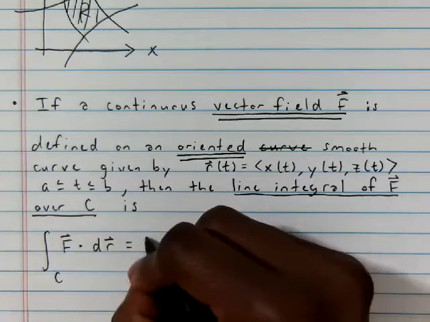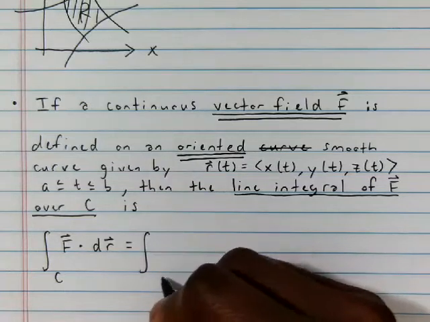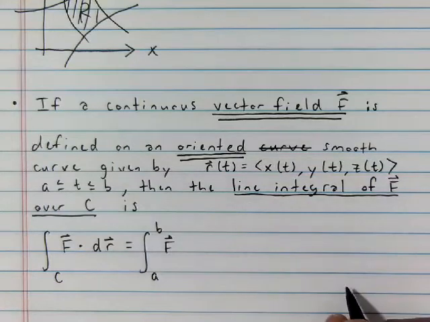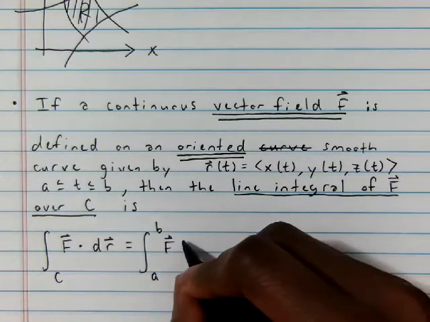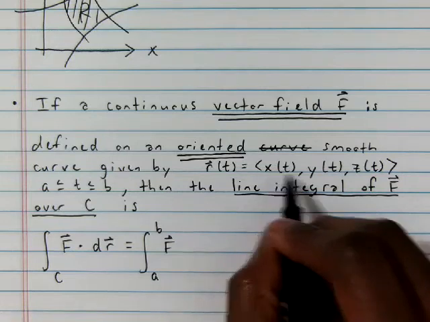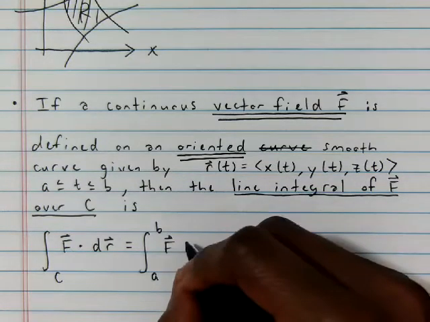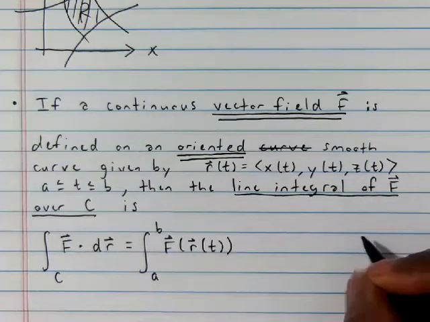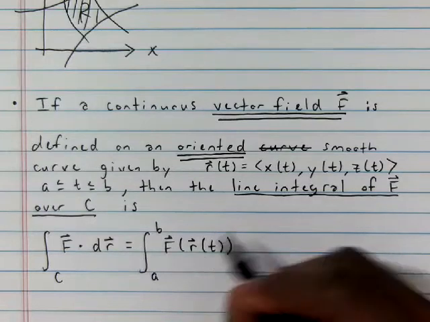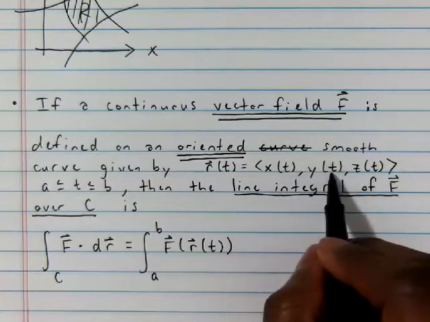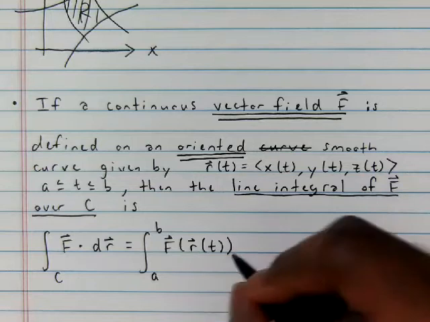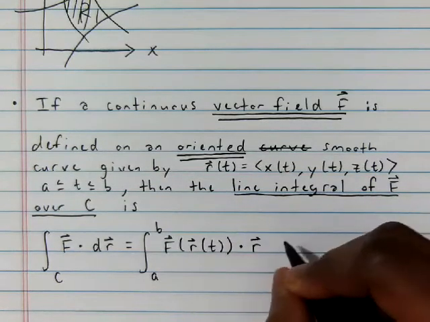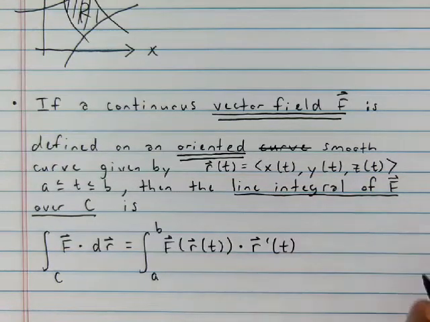The way we evaluate it is just the integral from a to b, where we take our vector field F and substitute in the parametric equations x of t, y of t, z of t. Shorthand notation for that is we put r of t into F, because F actually takes x, y, and z. So for the x we put in this function, for y that function, for z that function. And then we dot this vector with the vector r prime of t.